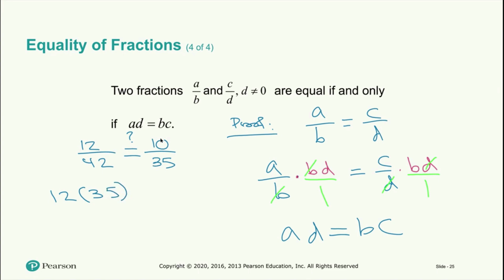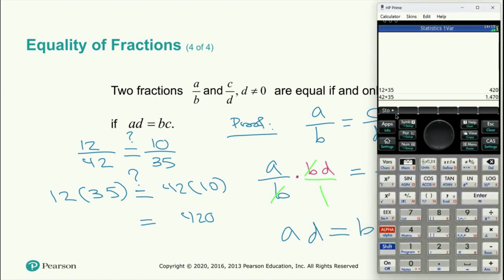The other is 42 times 10, right? Now we know this one is 420, and we put a question mark there too, we're still checking. We've already seen that 12 times 35 is also 420. So on this side we also have 420.